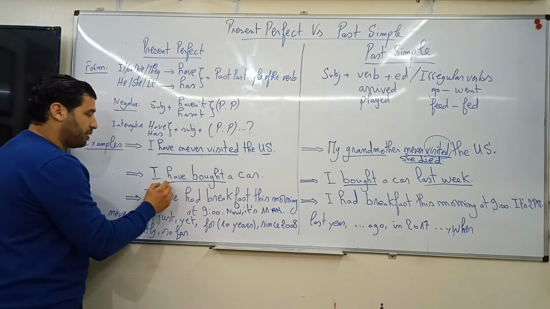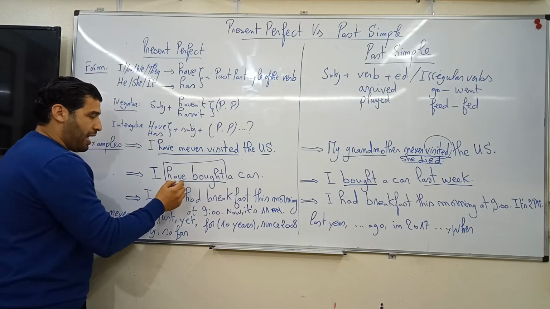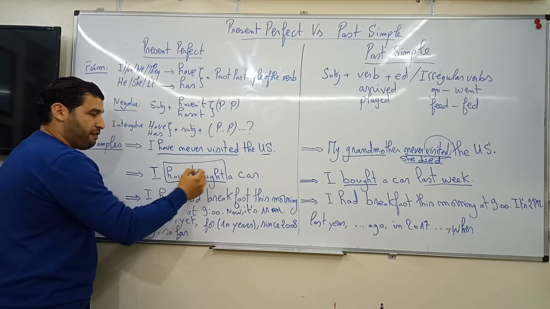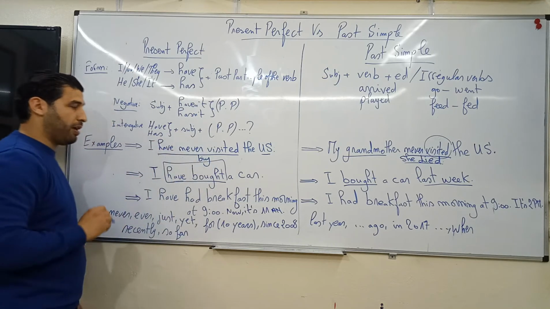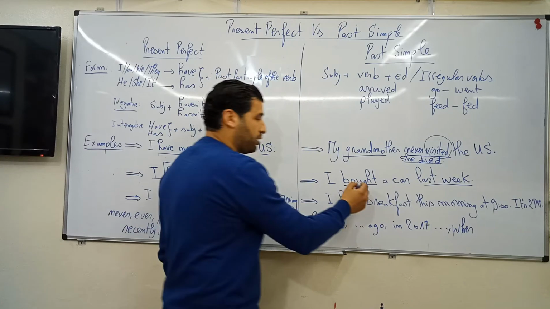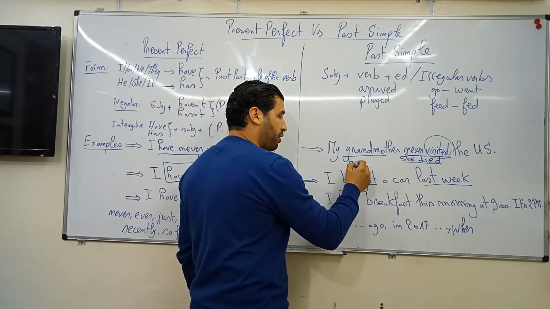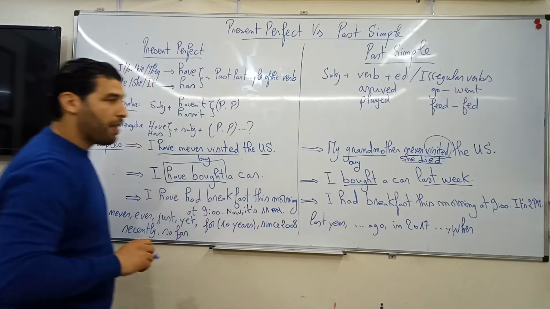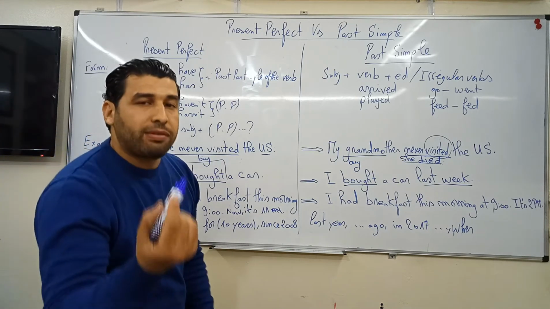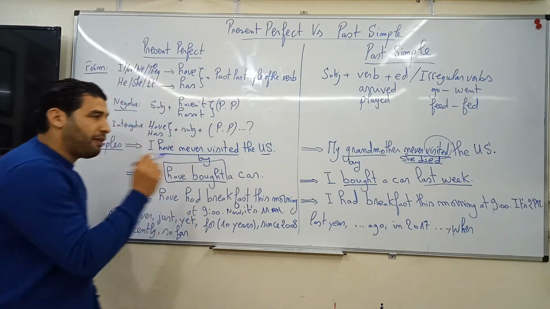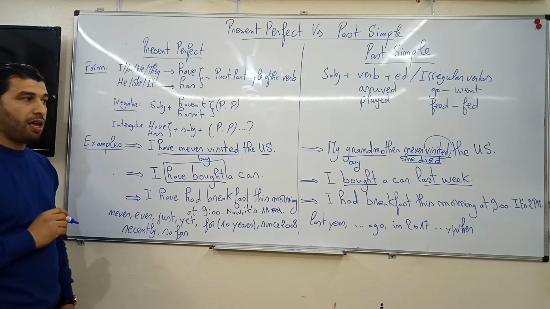I have bought is present perfect: have plus the past participle of the verb buy. Here, I bought is the simple past of the verb buy. If you look at the two sentences, what's the difference between them?